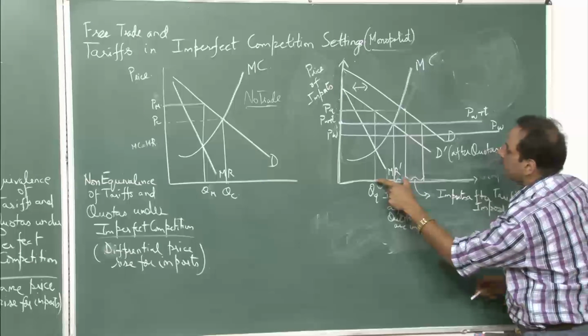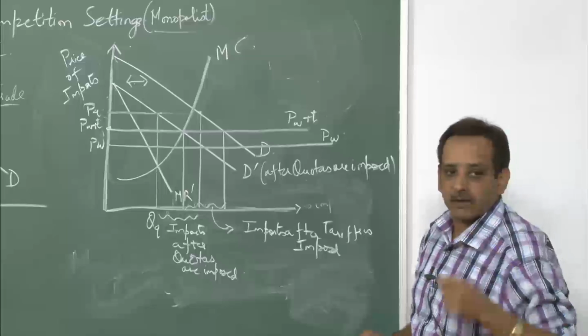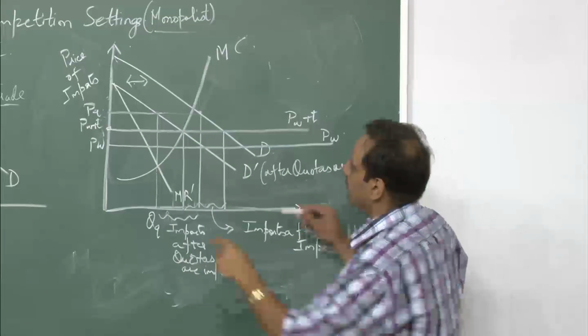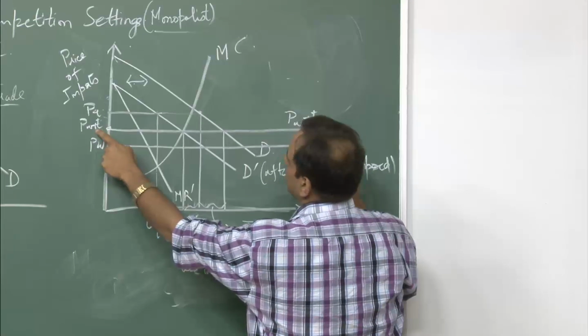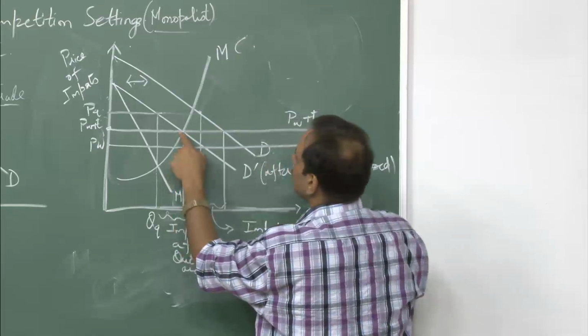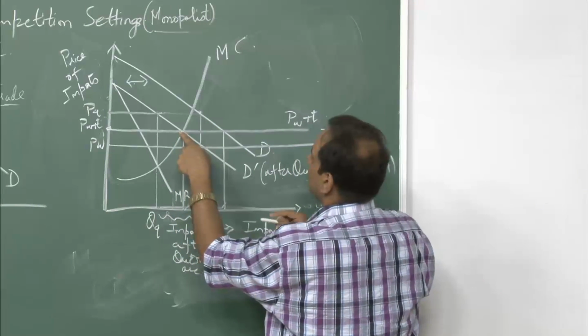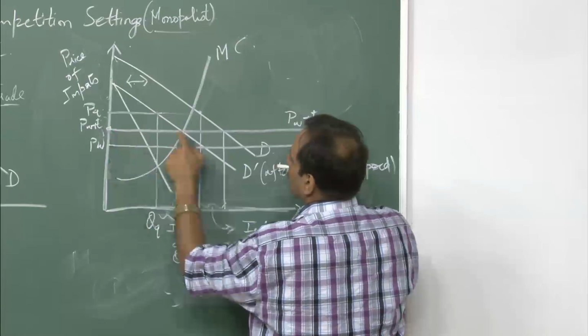Now the same level of imports you can have when tariffs are imposed. If tariffs are imposed, the price rises from PW to say PW plus T, and from here you can see that MC cuts this average revenue curve here.